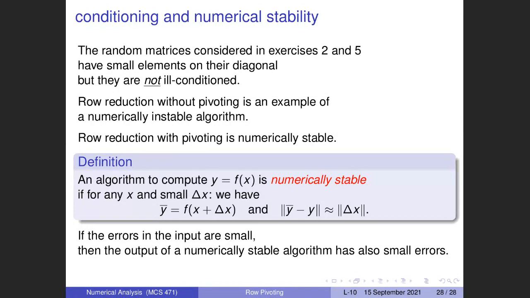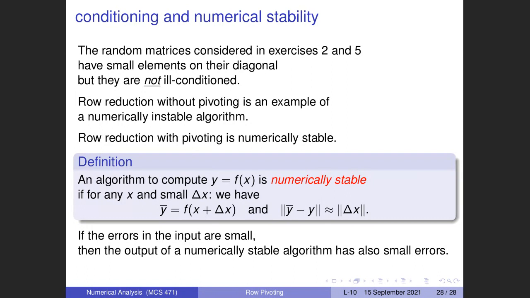The matrices that we generated had small elements on their diagonal, but the condition number was still fine. So they were still random matrices. If we do not do pivoting with the algorithm of lecture 8, then we had huge errors.